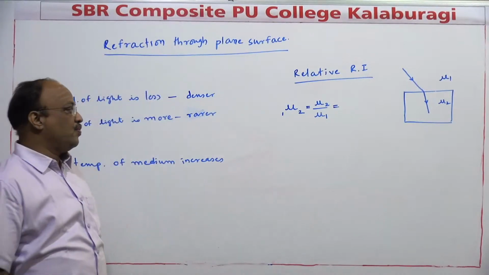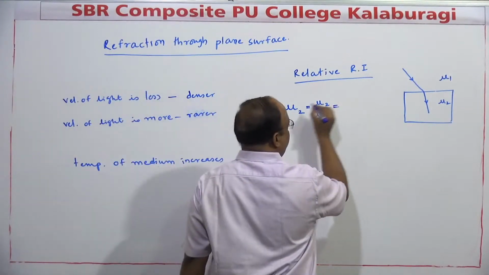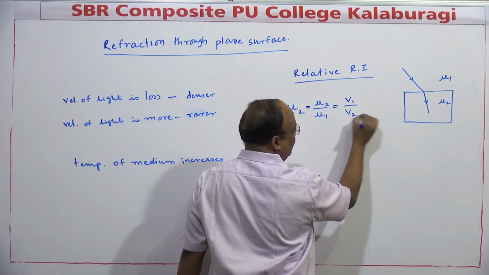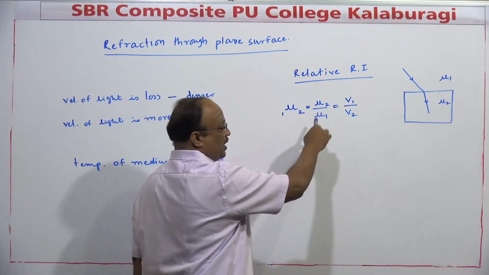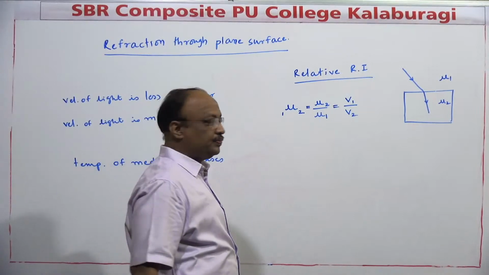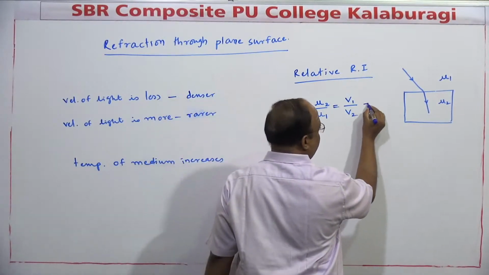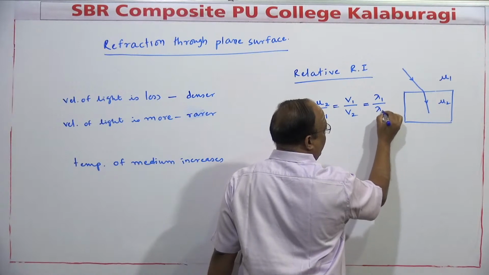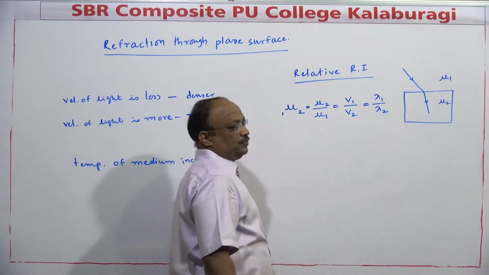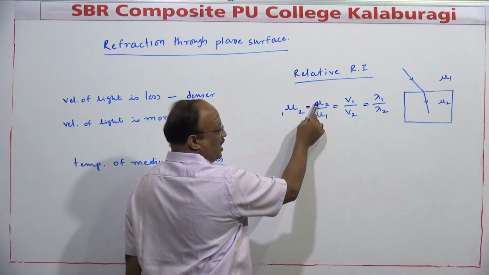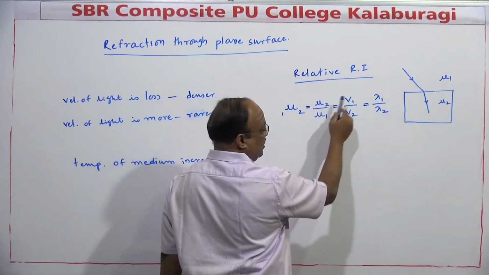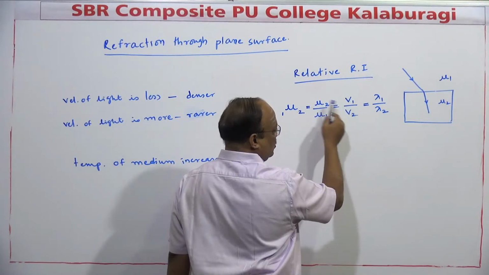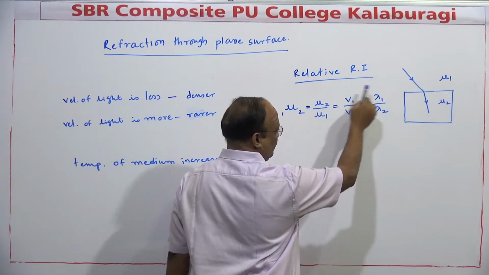So velocity and refractive index are inversely proportional. Therefore it will be v1 by v2, which we can also write as lambda1 by lambda2. Refractive index and wavelength are inversely proportional to one another. Refractive index and velocity are also inversely proportional.